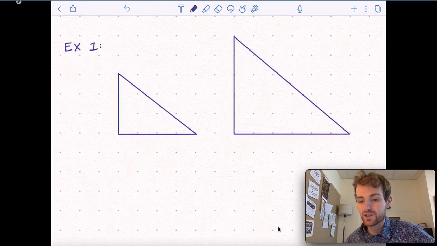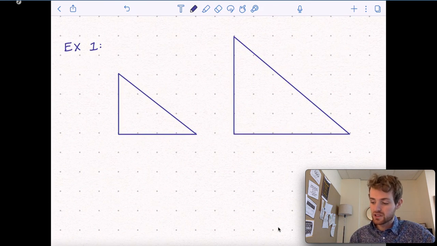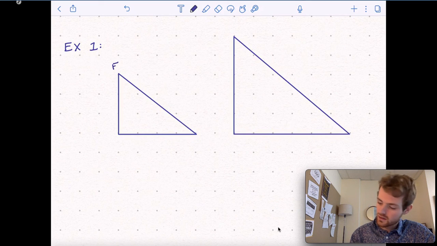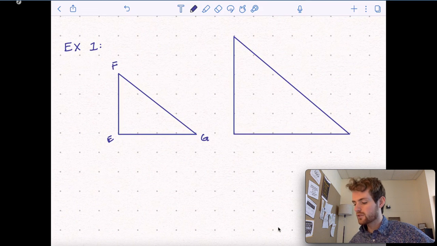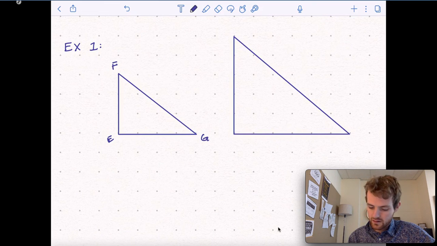You don't have to use triangles to be similar, by the way. I'm just doing this right now because it makes the math nice. And let me be careful here. The smaller triangle on the left we're going to say is EFG. The triangle on the right we will say is MLN.